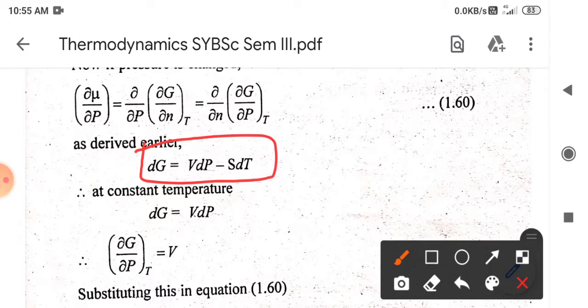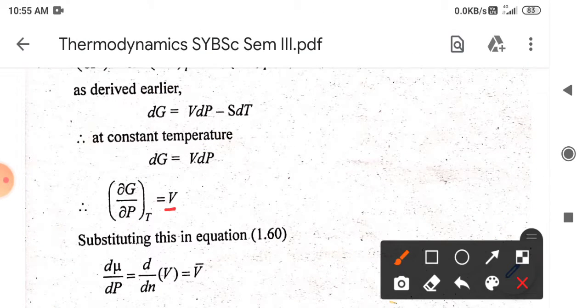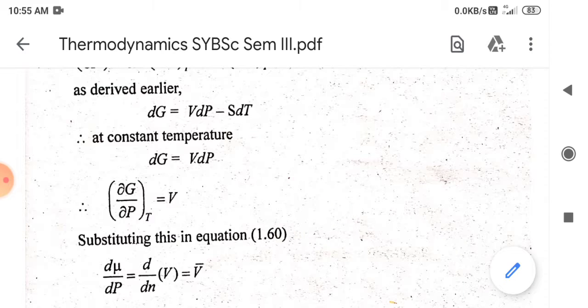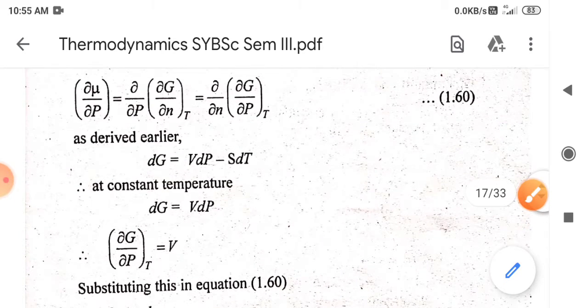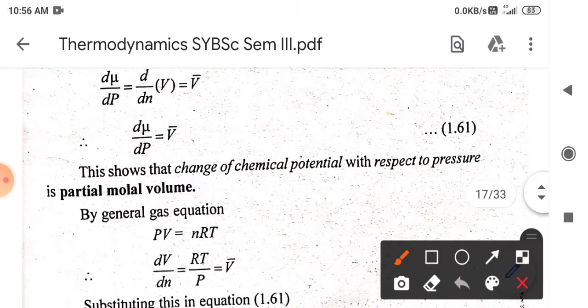So again we will use this equation. dG equals V dP minus S dT, but at constant temperature dG equals V dP, so partial G by partial P at constant temperature comes out to V. Now substituting that value of V in equation 1.60, d mu upon dP equals partial by partial n of V, which equals V bar, because this term is the partial molar volume. So the change in chemical potential with respect to change in pressure is equal to the partial molar volume.